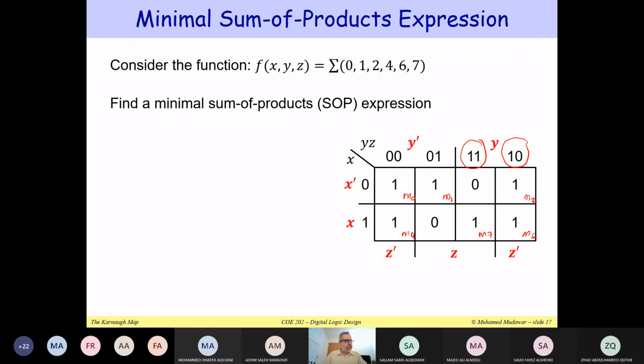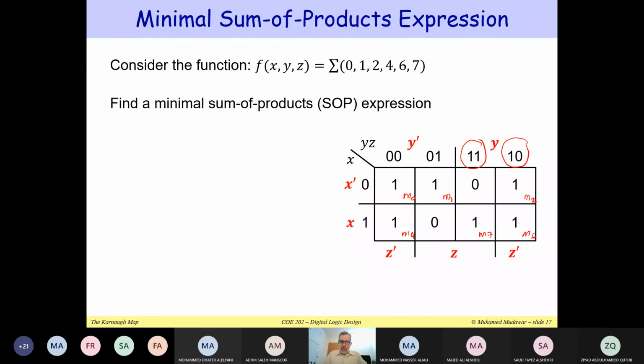Now you tell me which midterms can be combined from this Karnaugh map. We can combine M2 with M0 and with M1. The problem is that I cannot combine 3. It does not really work. You have to combine either 2 or 4. M0 and M4 and M2 and M6 together. Oh, this is good.